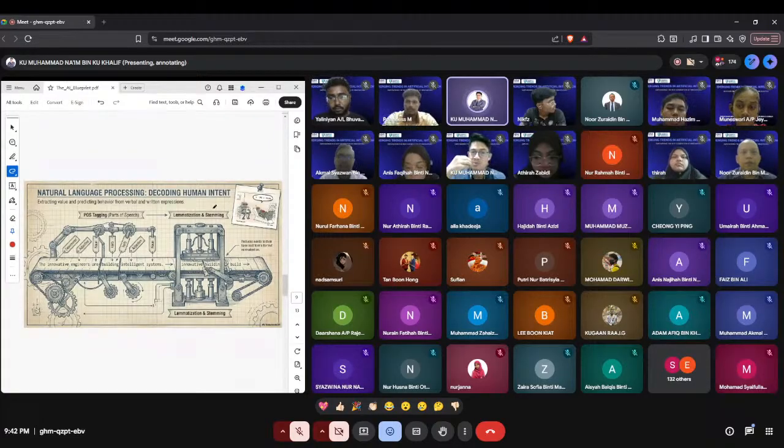But the way you communicate, the way you express something in wording, varies. Let's say we are from different continents or countries, and even within Malaysia, we have lots of slang. That's what is difficult, which is why natural language processing is very challenging. Developing it is very hard.